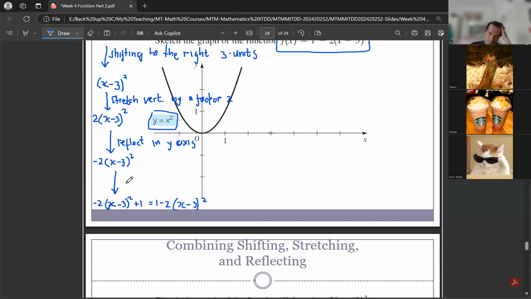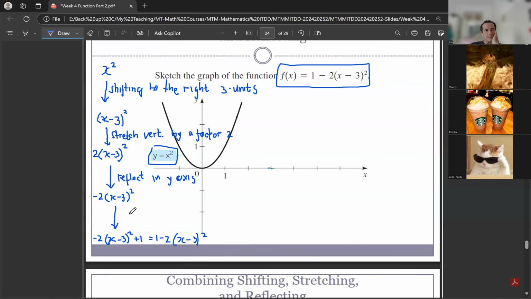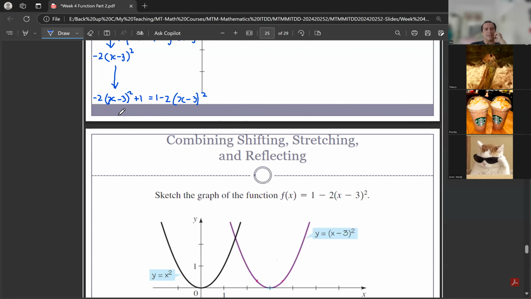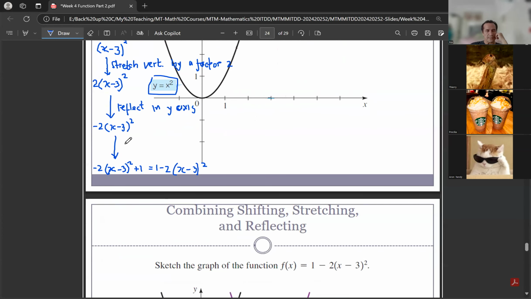What should we do to get it? Sorry, this must be completed by shifting horizontally to the right. And what about the 1?